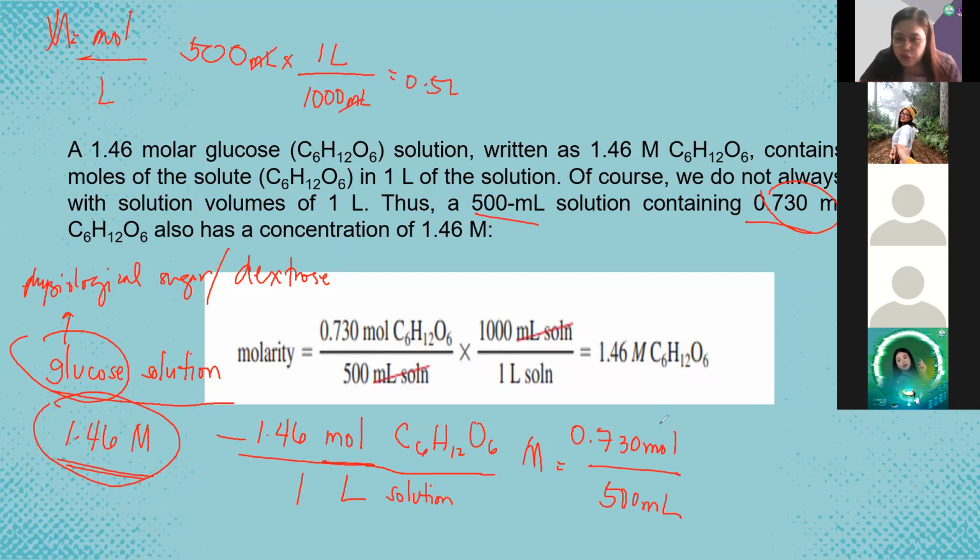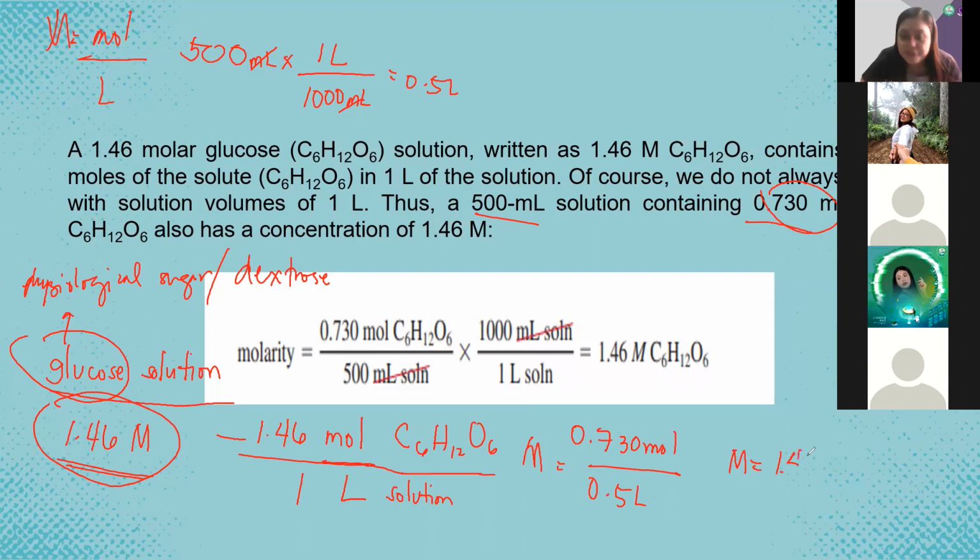To get the molarity, we just divide by 0.5 liters. So 0.730 divided by 0.5 is 1.46. Okay, very good.